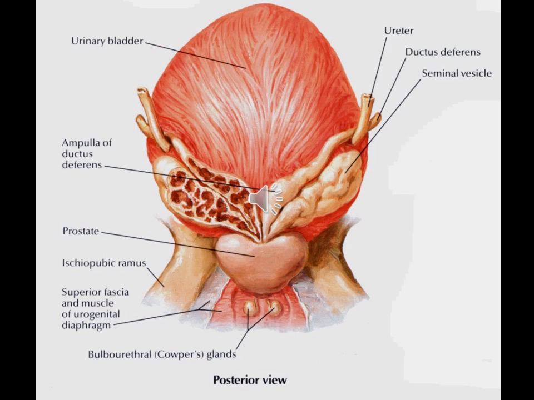So that's called the ampulla of the ductus deferens, and the duct of the seminal vesicle, both of them join to form an ejaculatory duct on each side, and both of them will pass and open into the prostatic urethra.